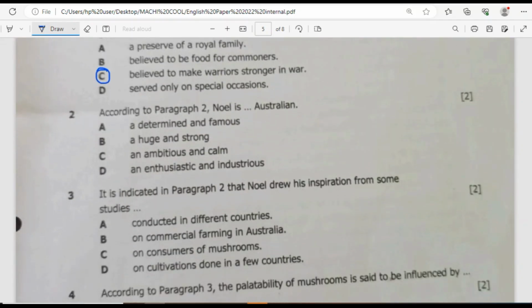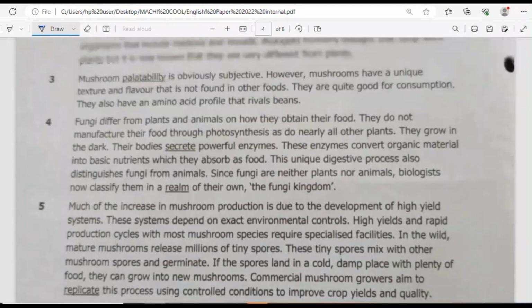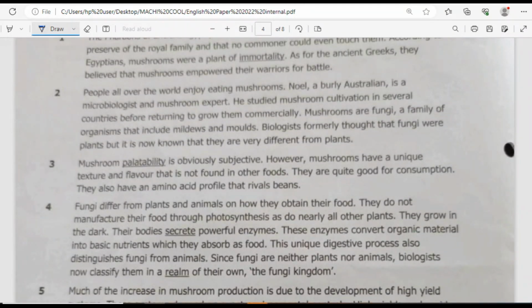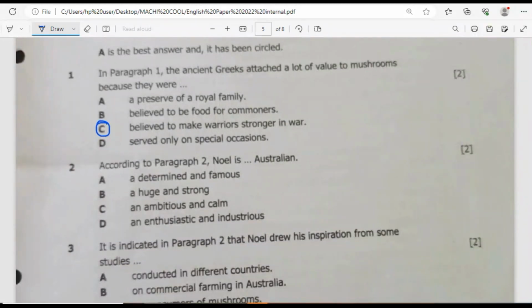So we can go to the questions. Okay, so we are on question 2, where we are saying that according to the paragraph, Noel is a dash Australian. There is a word which has been used in the paragraph: bully.